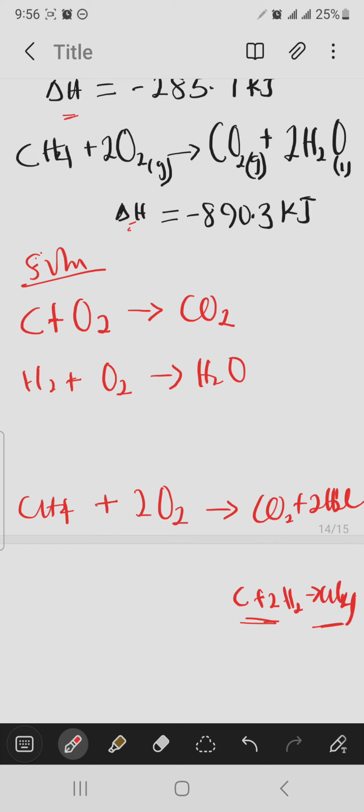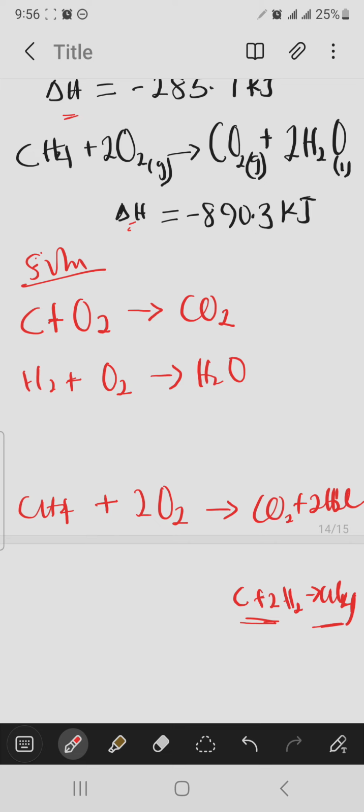If you look at this very well, from these three equations, you already have your C here, and you have your H2 here. But your CH4, which is supposed to be here, is not here.